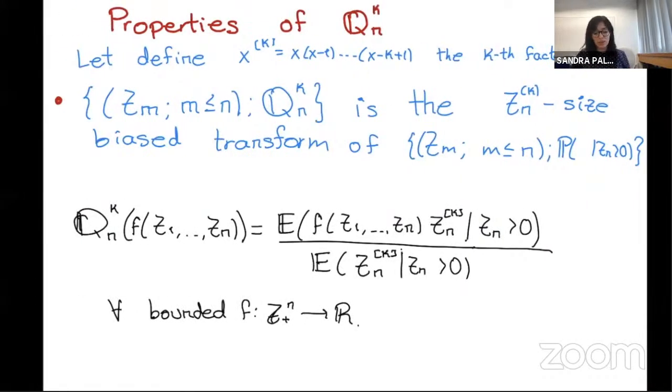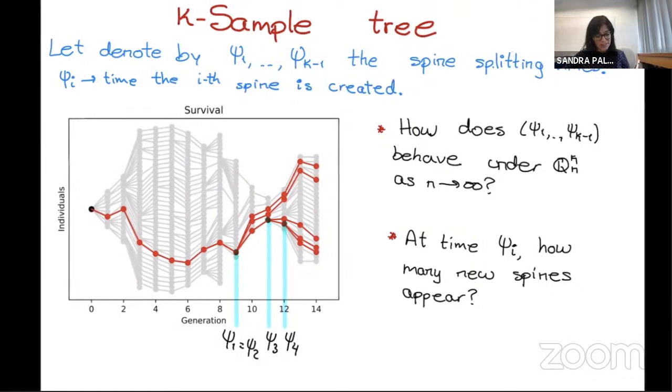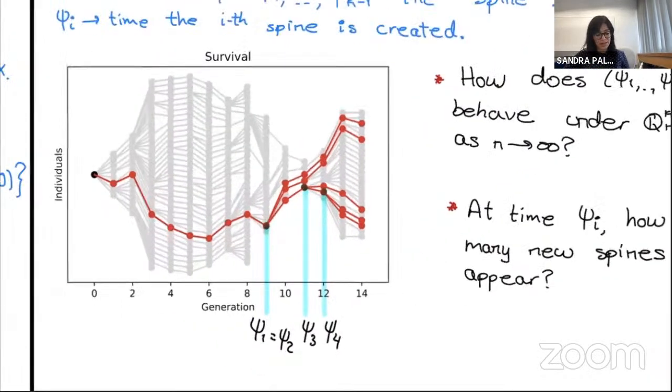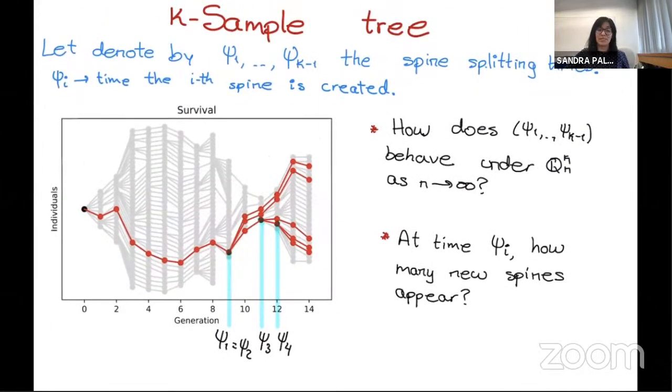But remember, we want the genealogy of a k sample. So we are going to denote C1, C2, up to Ck the spine splitting times. In other words, Ci will be the time where the ith spine is created. In our picture, we can see that sometimes they are at the same time, as here, where C1 is equal to C2, and other times they are different.